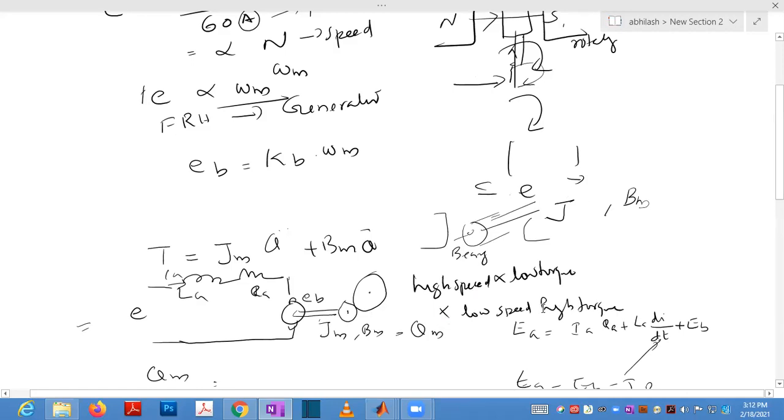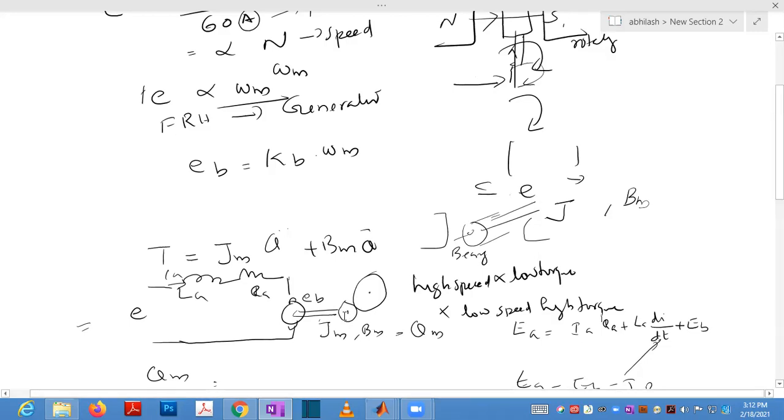So we need a high torque in the output, and that is low speed. That is why we are using a gear. The gear will convert the high speed low torque into low speed high torque. The power will remain almost constant, so the efficiency we are considering as 100%.